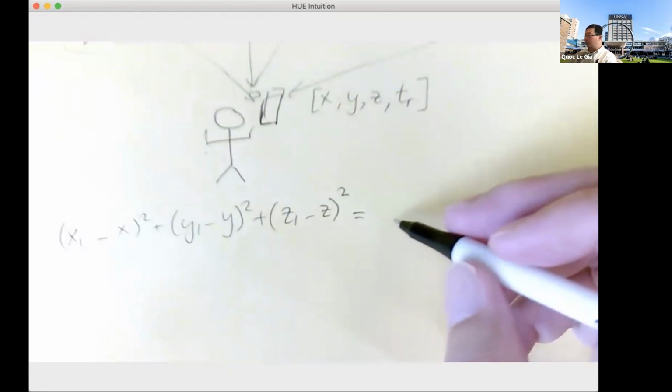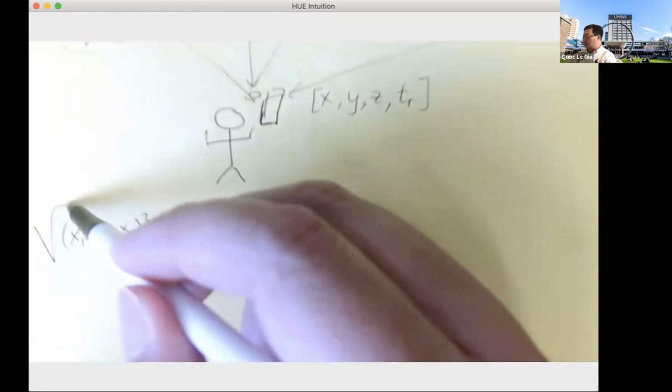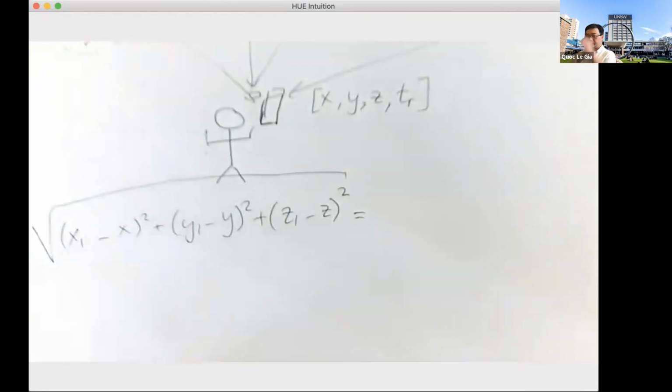So what is the speed of the wave? How fast can the radio wave travel? Anyone remember your physics? How fast does an electromagnetic wave travel?